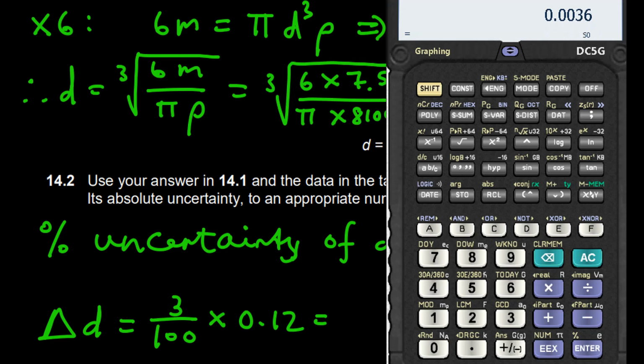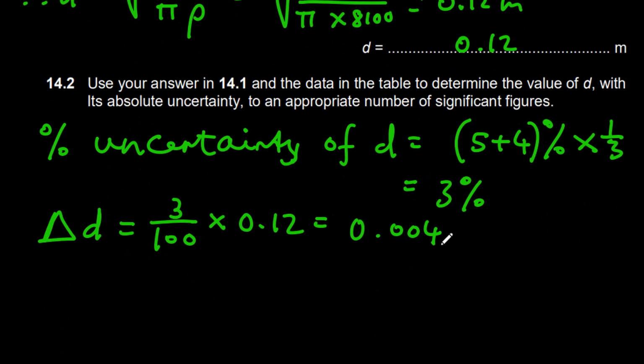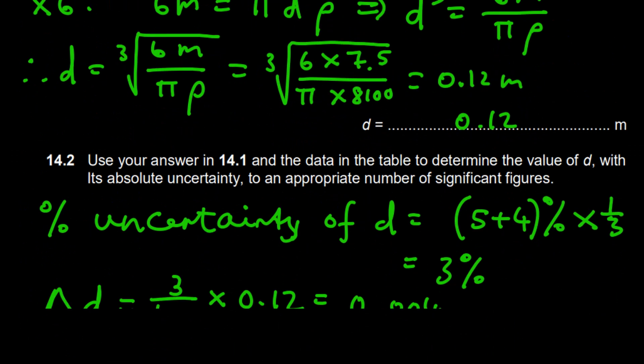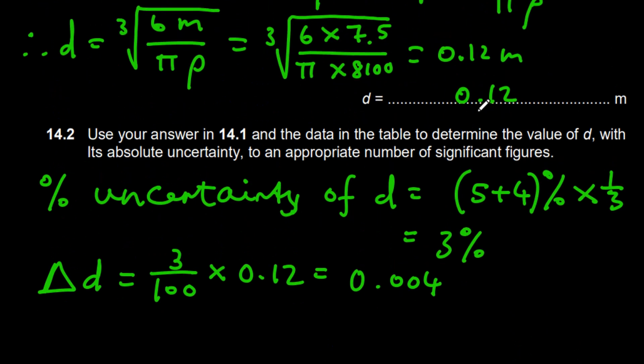Now, we're going to write this with one significant figure, so 0.004. And the reason for that is we need to write it with one significant figure because the percentage uncertainties that we used in our calculation are both with one significant figure. So 0.004. We already worked out the diameter here as 0.12.